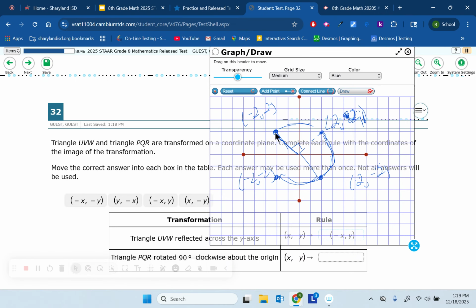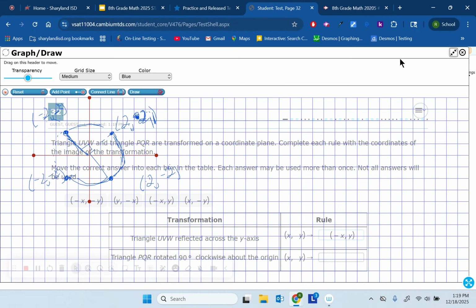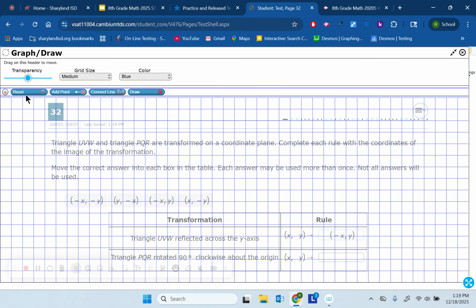Interesting rules here. -2 to 2 stays the same, this flips. This stays the same, but this time it flips. Something's going on here. Same flip, the other one, same flip. So I have a feeling that an (x, y) to (y, x) rule won't work.